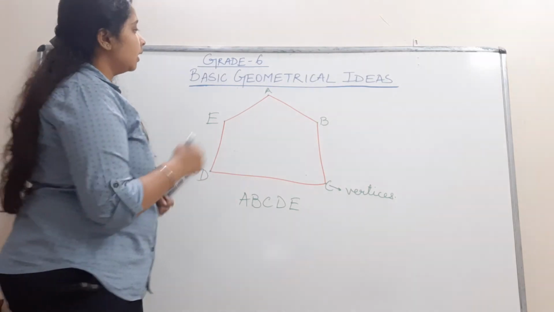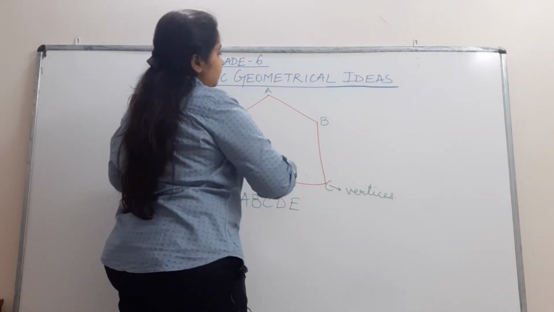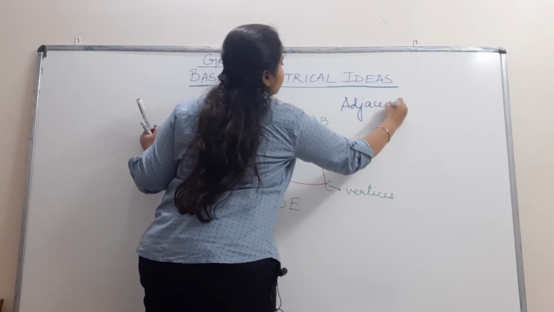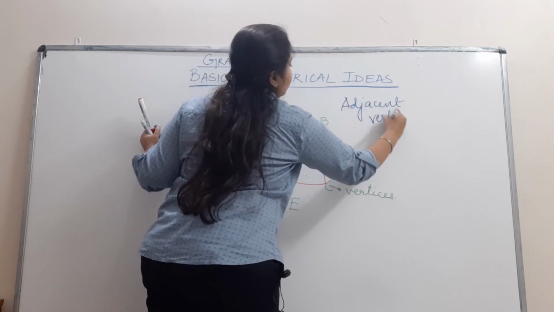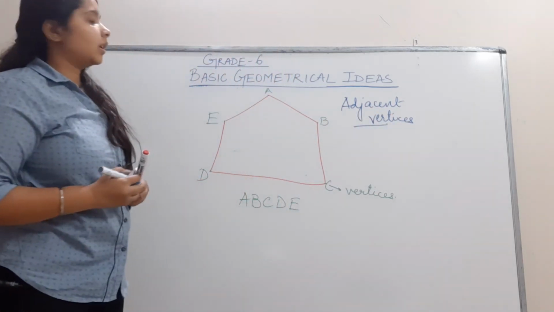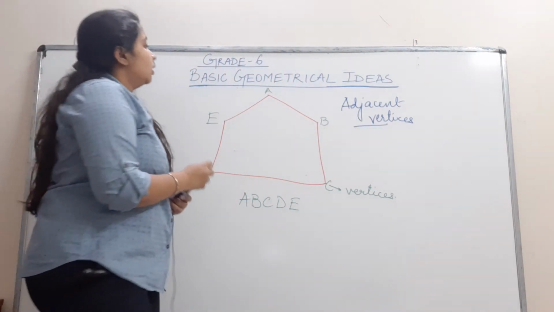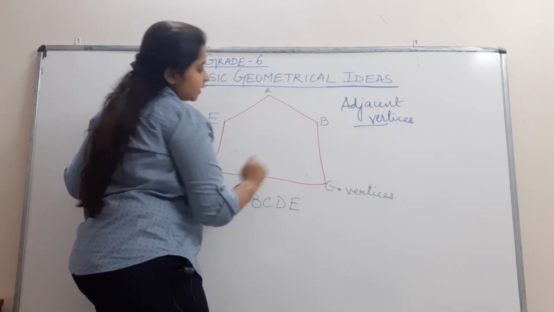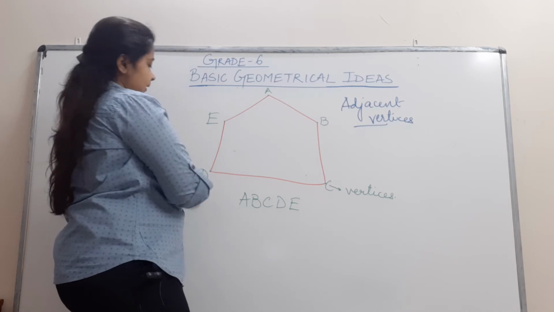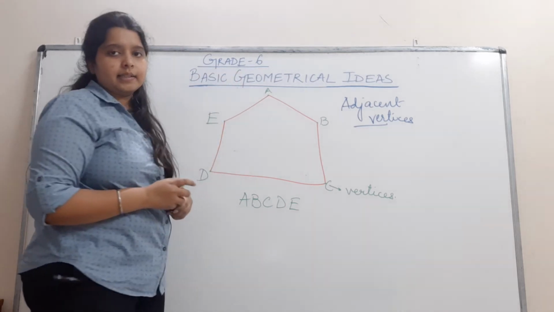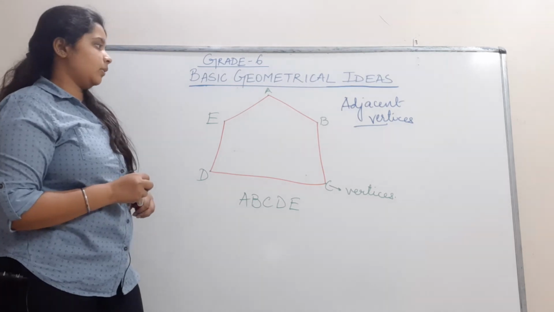What are they called? Adjacent vertices. Okay. Now, so A and B are adjacent, B and C are adjacent, C and D are adjacent, D and E are adjacent, A and E are adjacent. So these are adjacent vertices.